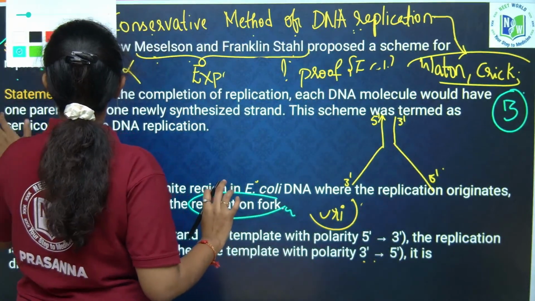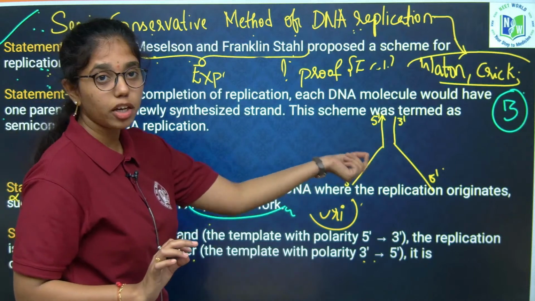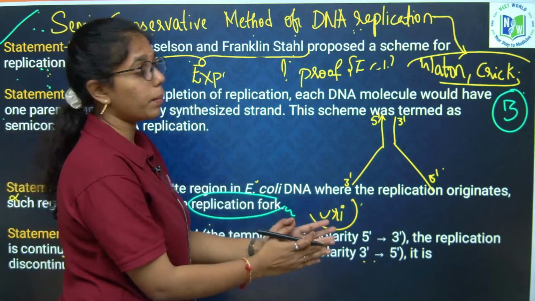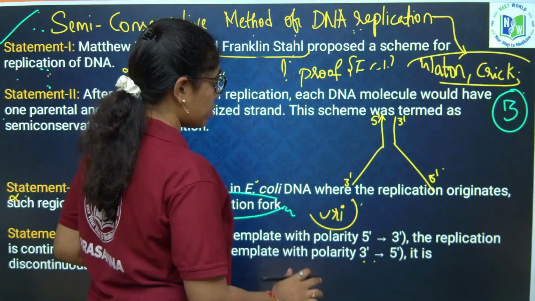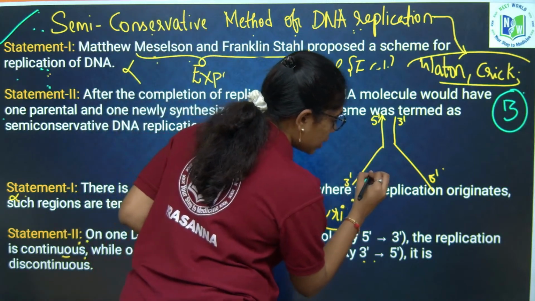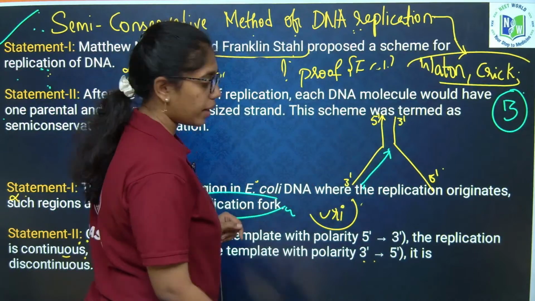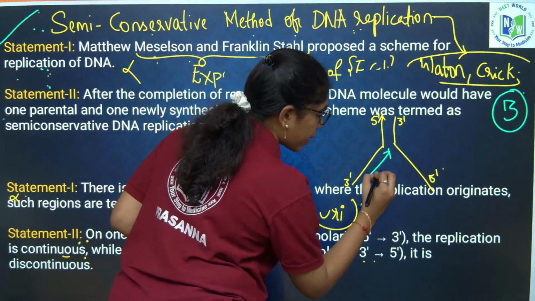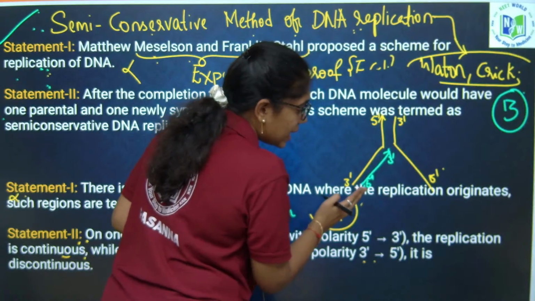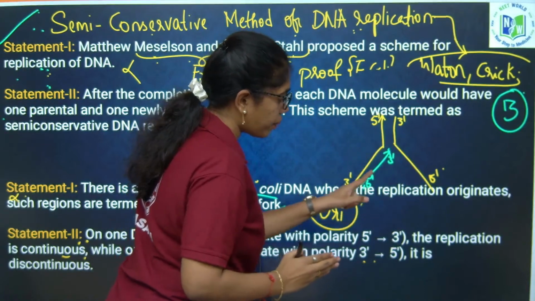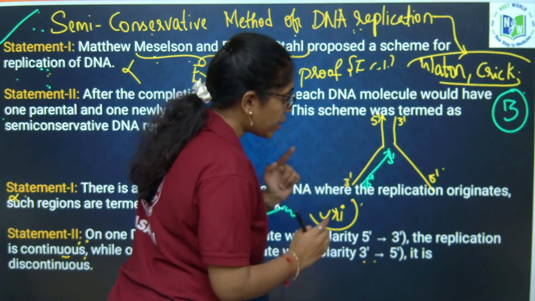How do we remember whether it is leading or lagging? With respect to the NCERT diagram, the leading strand is towards the replication fork, from 5 prime to 3 prime. When the leading strand is towards the replication fork, 5 prime to 3 prime, the template will be 3 to 5.